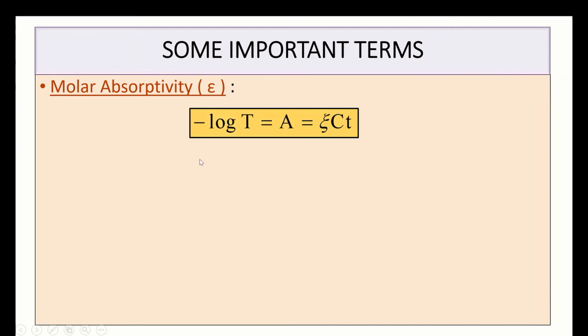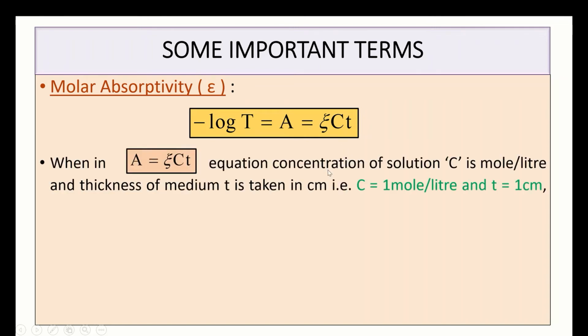Next term we define is molar absorptivity. So we have this equation minus log T is equal to A is equal to epsilon C T. Now when in the equation A is equal to epsilon C T, we have the concentration of a solution in moles per liter and the thickness of the medium T is taken in centimeter, we get A is equal to epsilon, because C is 1 mole per liter and T is 1 centimeter.